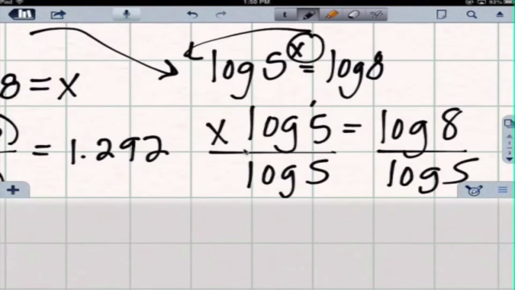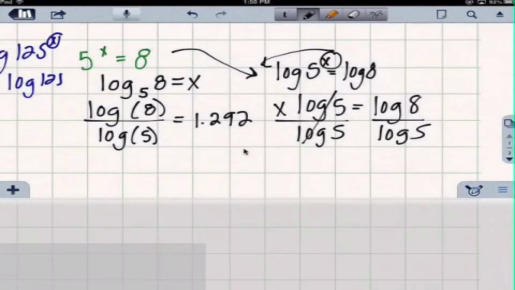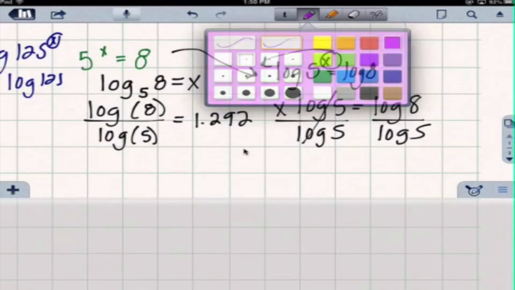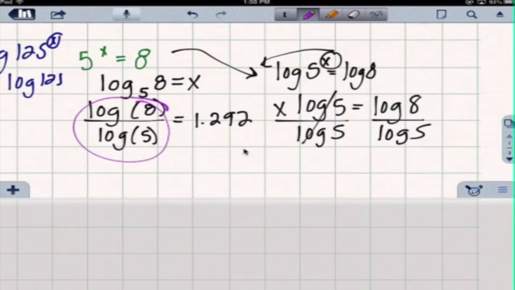And you guys will notice that that is the exact same equation that we did over here. So I end up getting 1.292 as my answer either way. I do not care what method you use, whatever you think is easiest. There are a decent amount of the problems on the test that are simple solving problems like that.